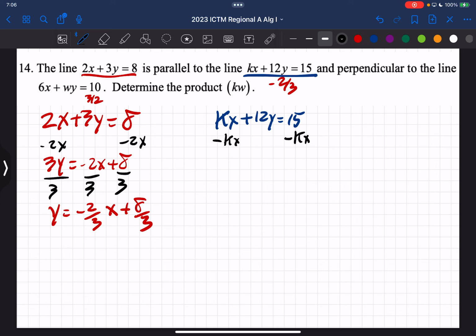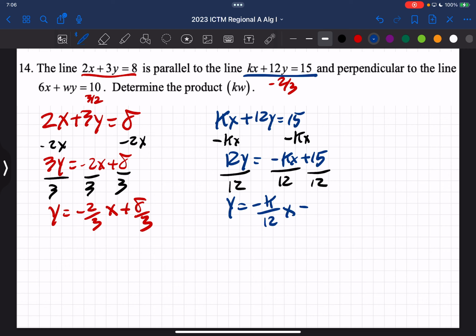And figure out what is k and what is w. So 12y equals negative kx plus 15. Now we divide by 12. So y equals negative k over 12 x plus 15 over 12.